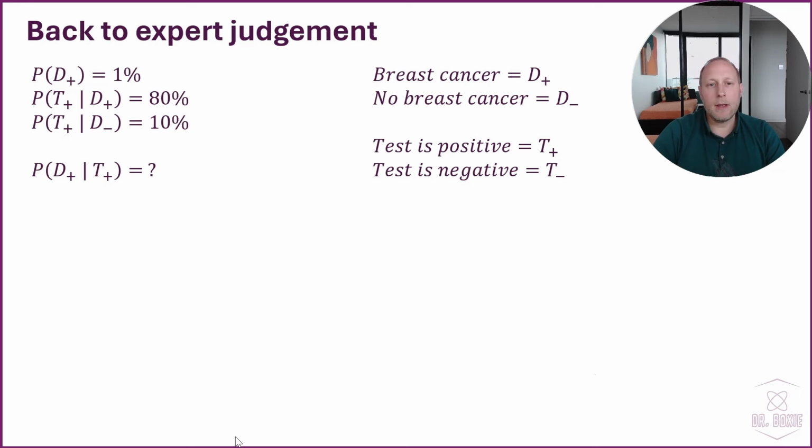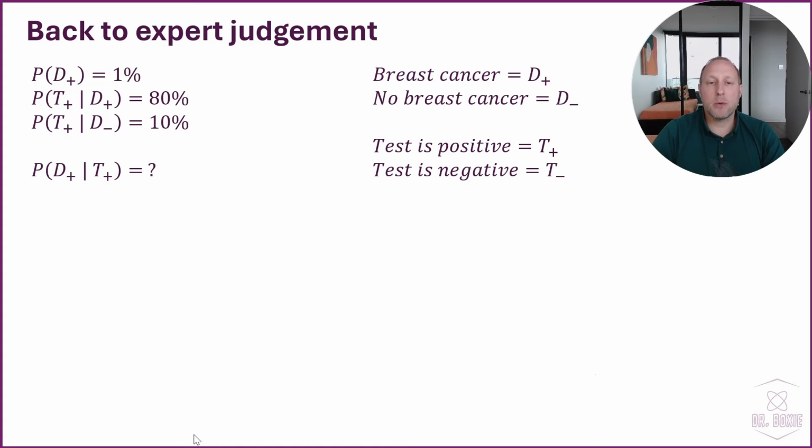And if she doesn't have breast cancer in reality, the test will still claim that she has breast cancer 10% of the time. The question is, how reliable is it when the test claims that the patient has breast cancer? How probable is it that she actually has breast cancer in that case?